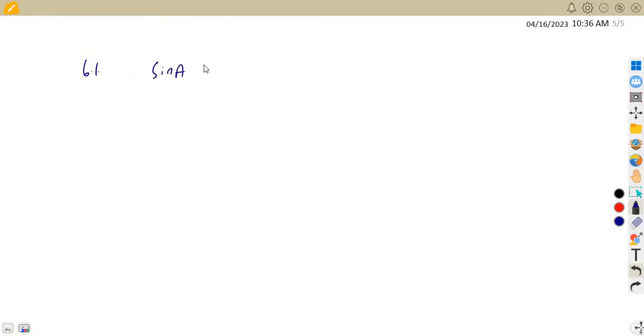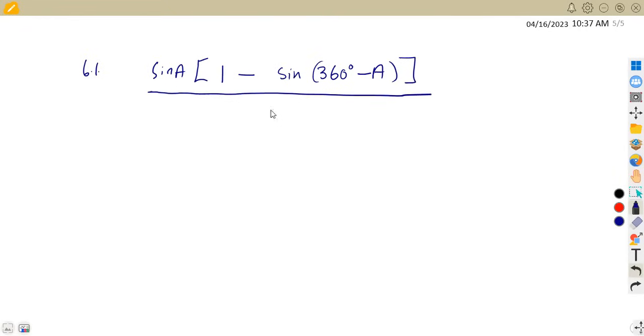We are given sine A into 1 minus sine of 360 degrees minus A, all of this being divided by 1 minus cos squared of 180 degrees plus A, minus 1 is equivalent to cosec A. So this is what we're given.